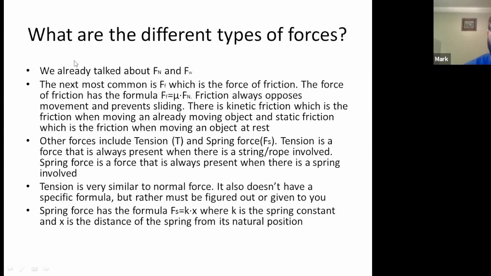So for example, if they give you a very simple situation where they have a box hanging on a string, you know that the force of gravity on the box is always going directly down, and the tension is going directly up. They're in direct opposition.